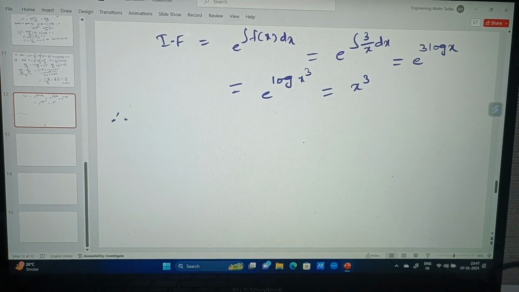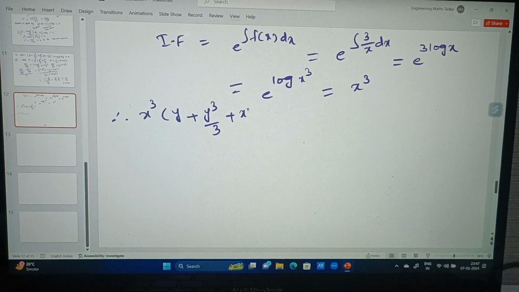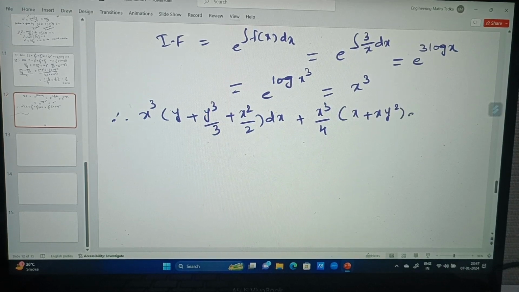After finding out the integrating factor value, you need to multiply it to the given differential equation. Therefore, the next step will be x cube into y plus y cube by 3 plus x square by 2 into dx plus x cube upon 4 into x plus xy square into dy is equal to 0 is an exact equation.